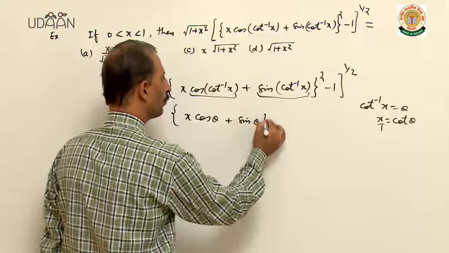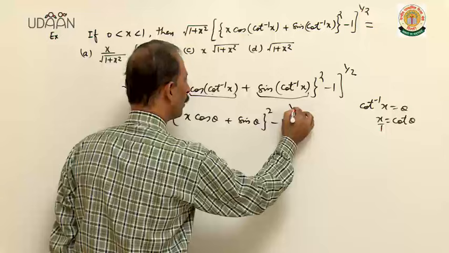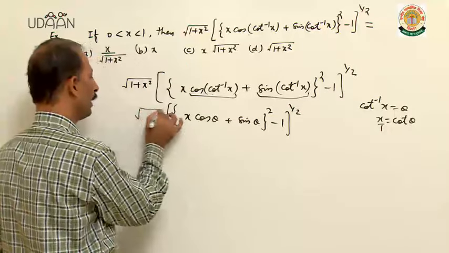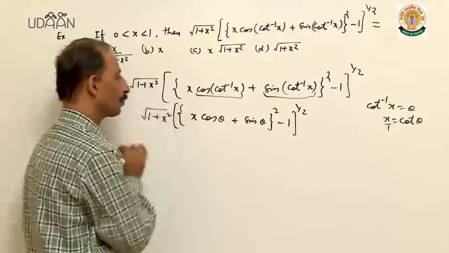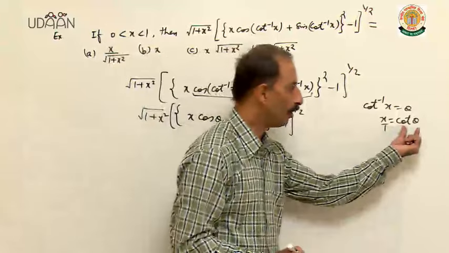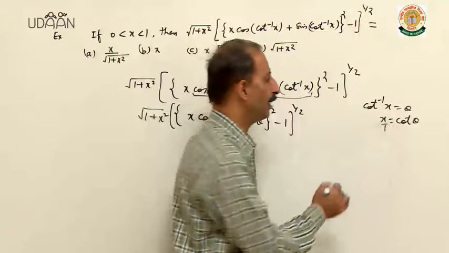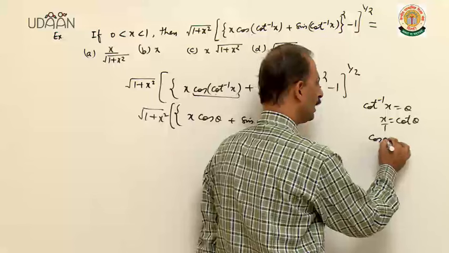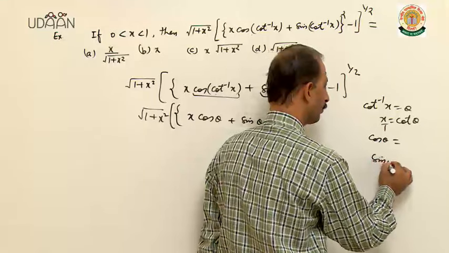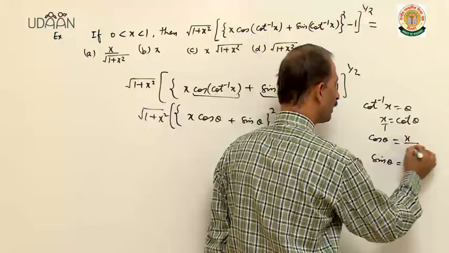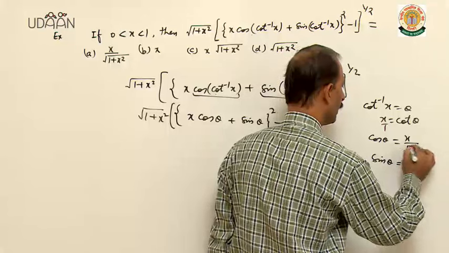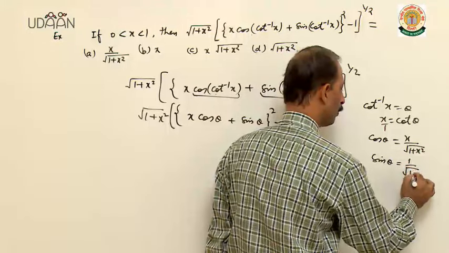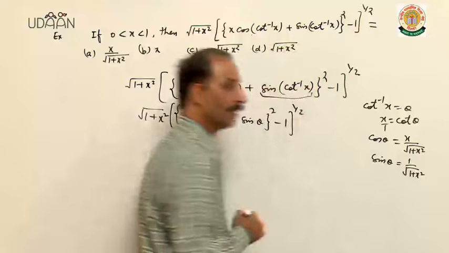Sin theta whole square minus 1 whole square root multiplied by root 1 plus x square. Now children, cot theta is x. Then you can find the value of cos theta and sin theta. Cos theta will be x upon root 1 plus x square and sin theta will be 1 upon root 1 plus x square.